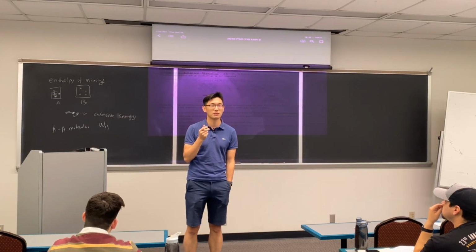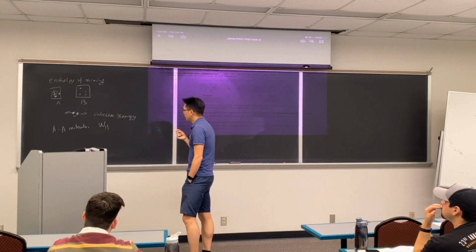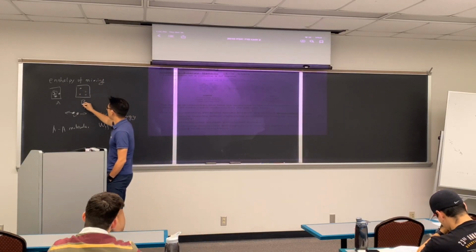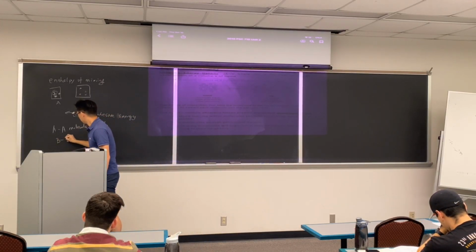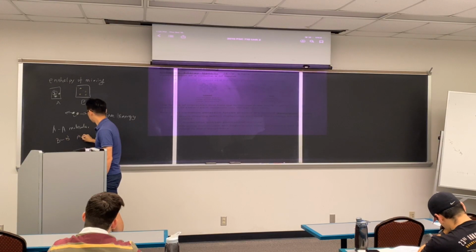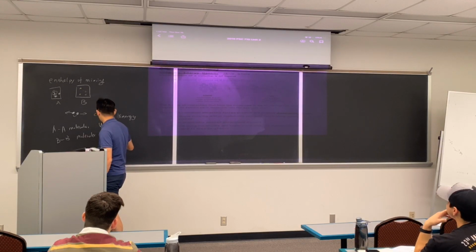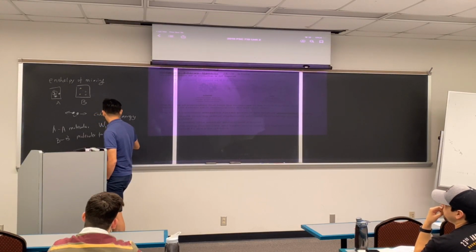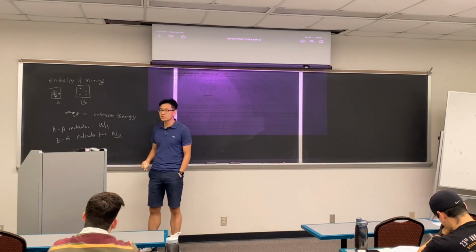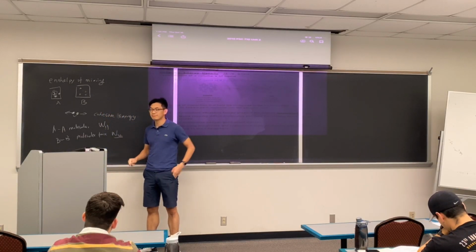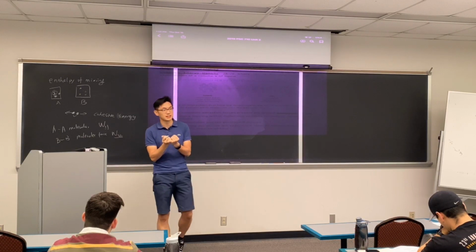So that's called W11. And in the second case, we can define the cohesive energy between molecule 2 and 2, which is just called W22. So you have two kinds of interaction.